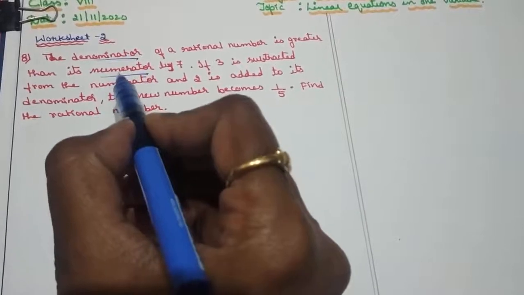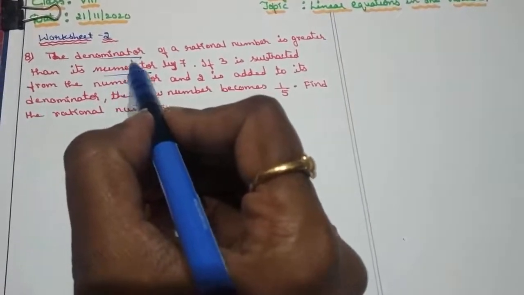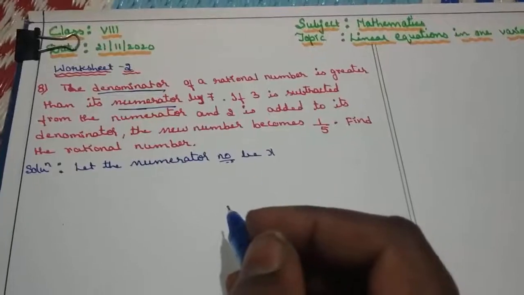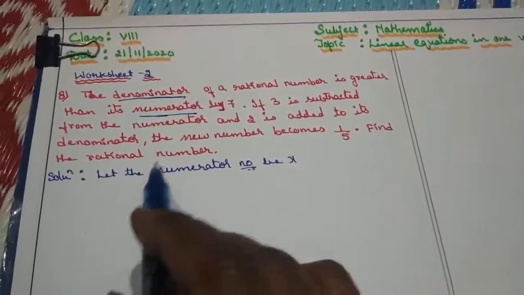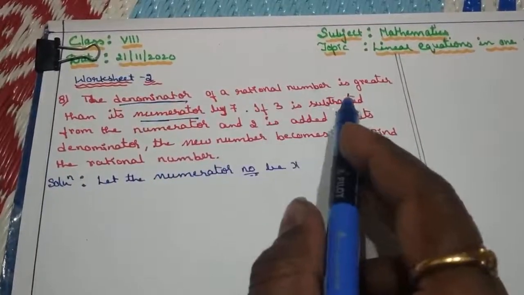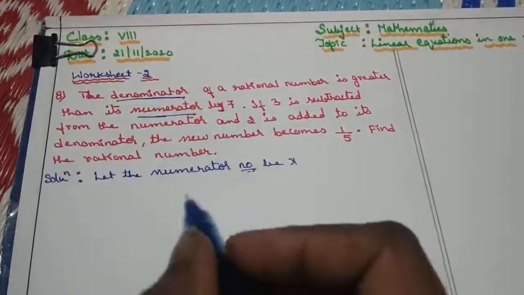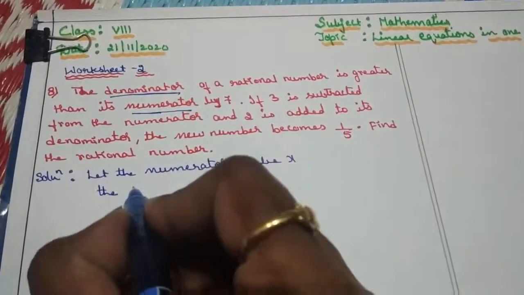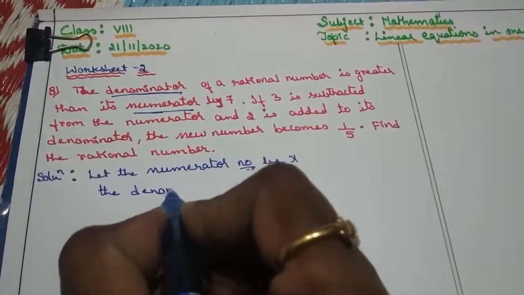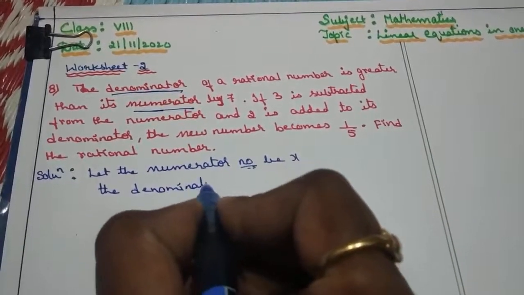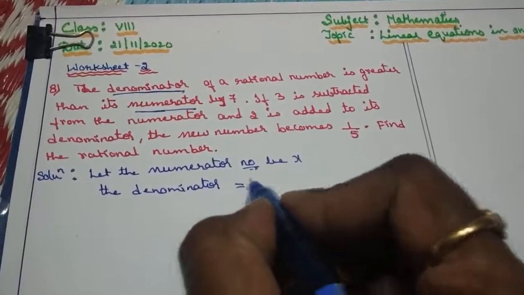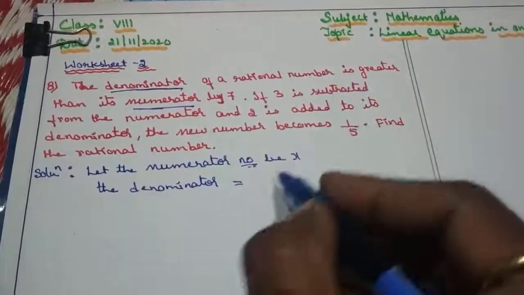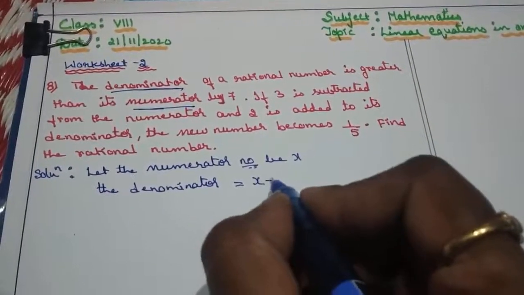The denominator of a rational number is greater than its numerator. So denominator is compared to numerator. So we need to assume, let the numerator be x. Then the denominator is greater than the numerator by 7.